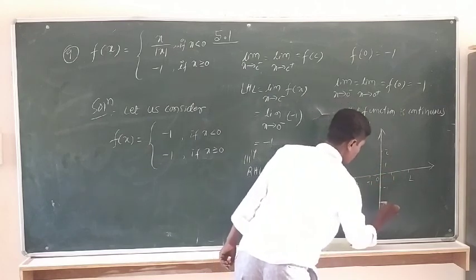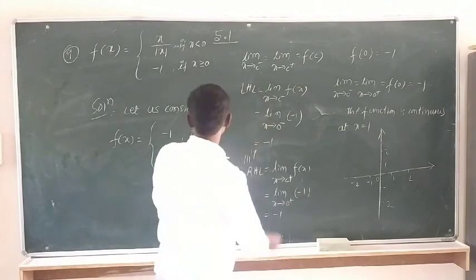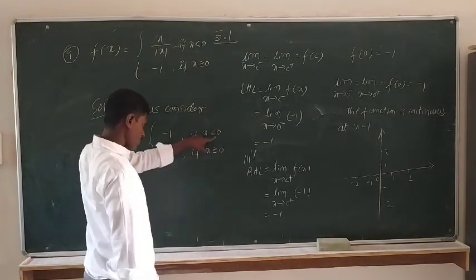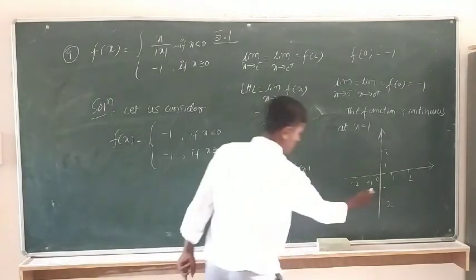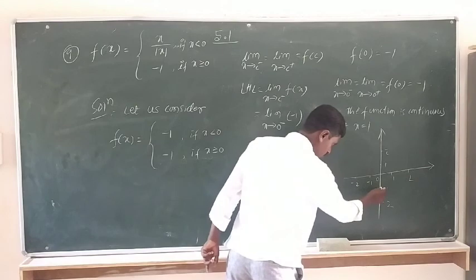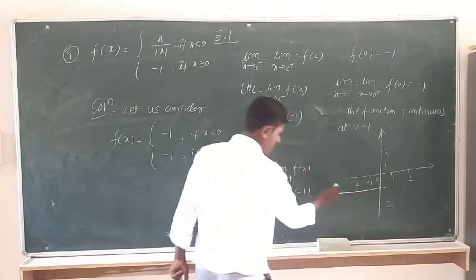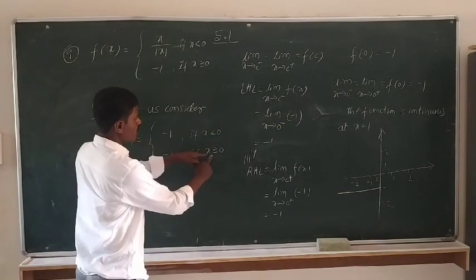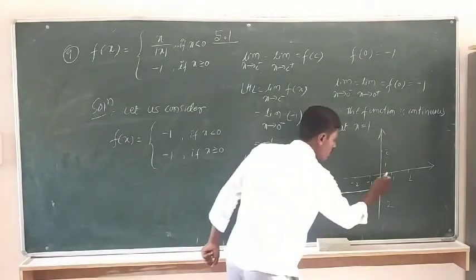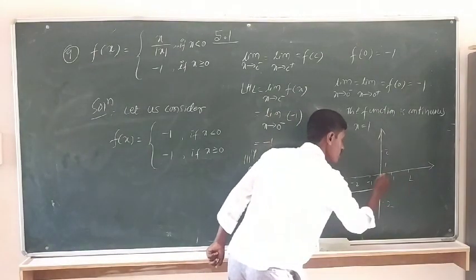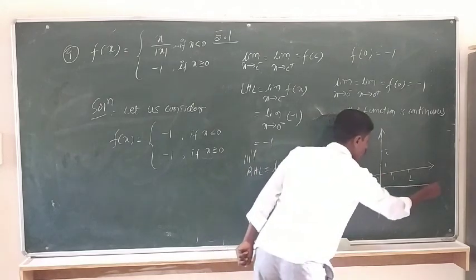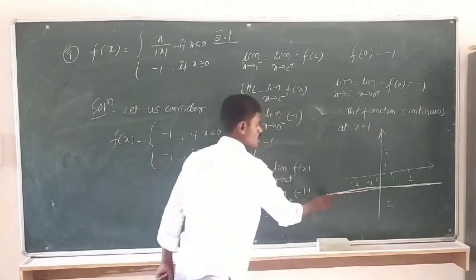If x is less than 0, for any value of x less than 0, the function is minus 1. And here also, for any value of x greater than or equal to 0, the function is minus 1. So for any value of x, the function is minus 1. See here, this is a constant function.